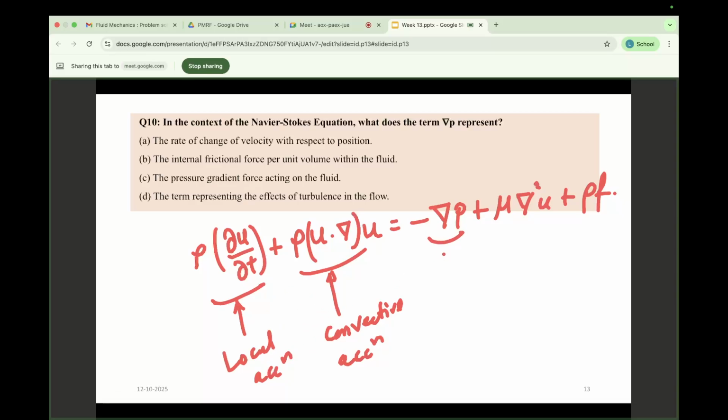Okay, and this is the pressure gradient term, right? And what about the other term? So next is your viscous term.